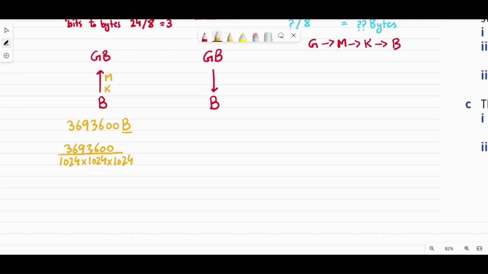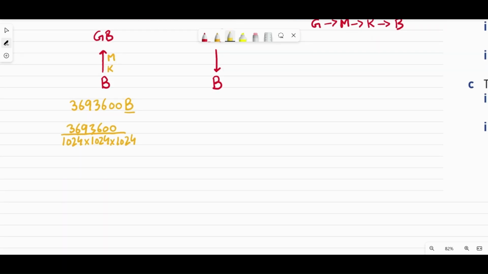On the other hand we have 32 GB. The unit is already very big. From gigabyte to byte, it will be a free fall. We'll have a gain of energy, and multiplication is the operator that gives us the gain of energy.